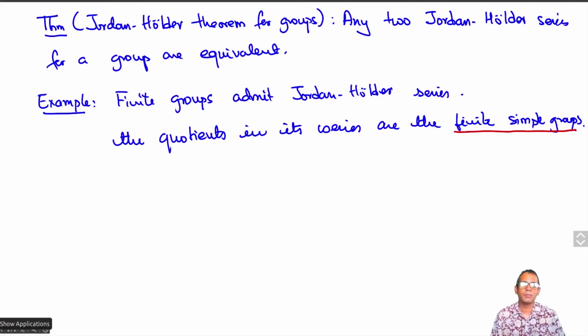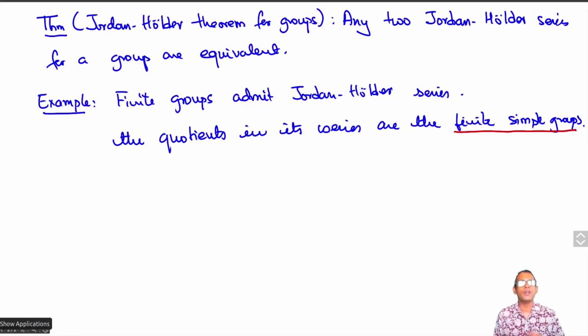So it breaks down the problem of classification of finite groups up to isomorphism into two parts. One is the classification of finite simple groups up to isomorphism, which, although a major mathematical endeavor spanning several decades and many mathematicians, has been solved.